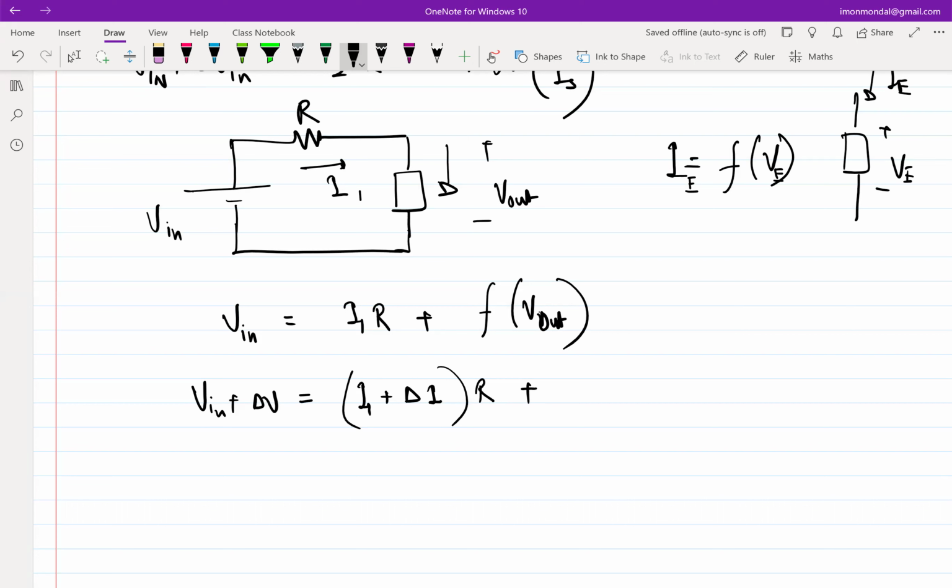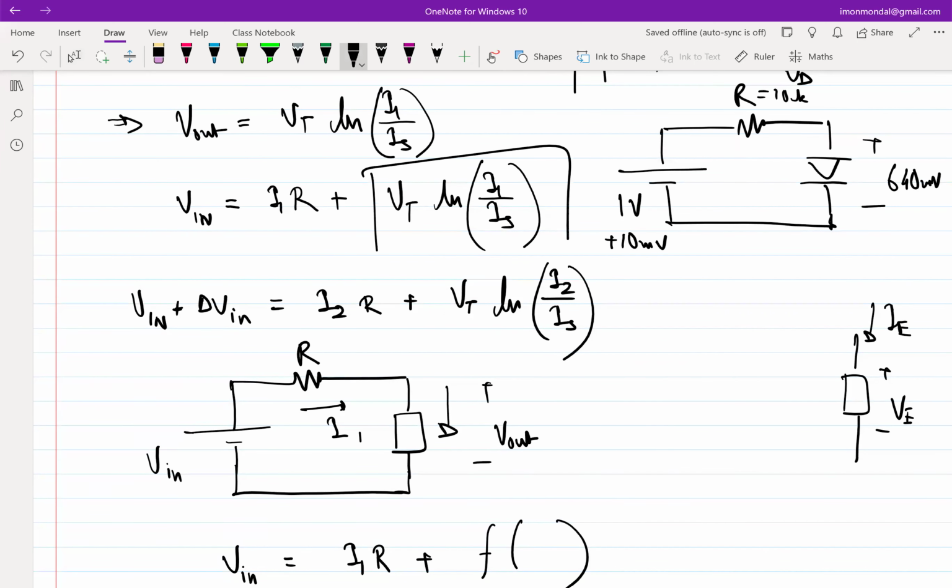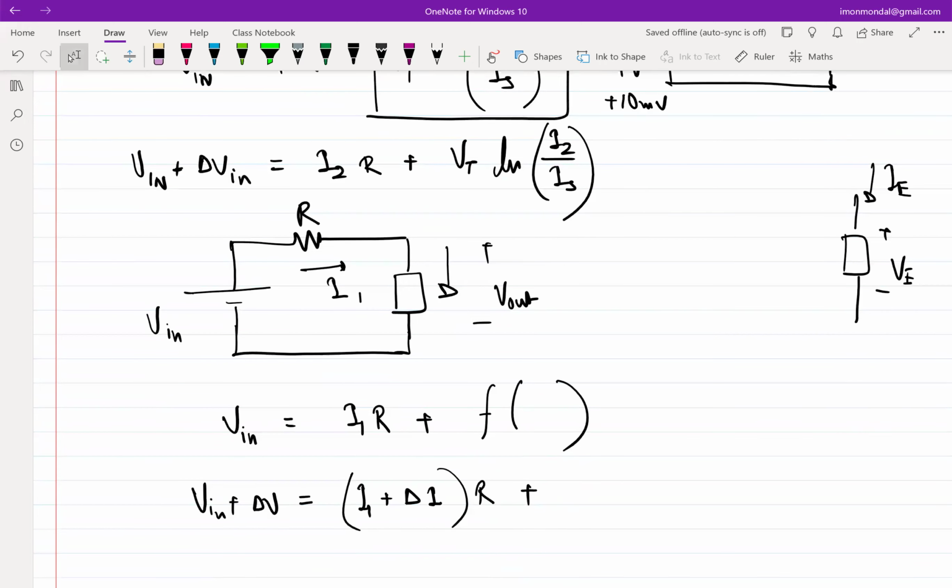And this is the function of I, right? So I wrote it in a different way. So let's assume, if I have to draw the analogy with a diode, the voltage is a function of current. That's just like we did in this case, right? We wrote the voltage as the inverse function, right? So let me reframe this.